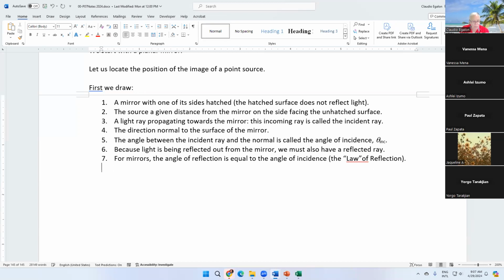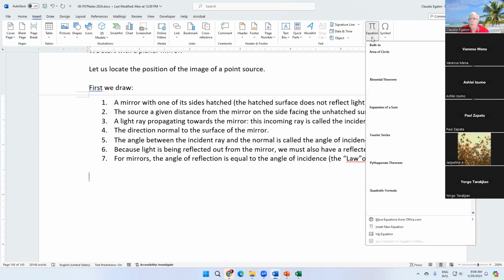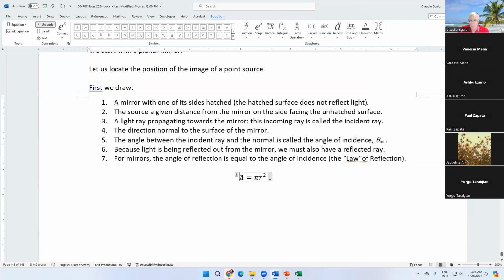I'm going to spell that right in here with an equation: theta reflection, I'm going to put REFL, there's a reason why I do that, is equal to the angle of incidence.